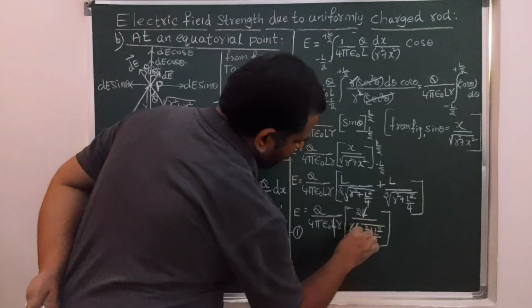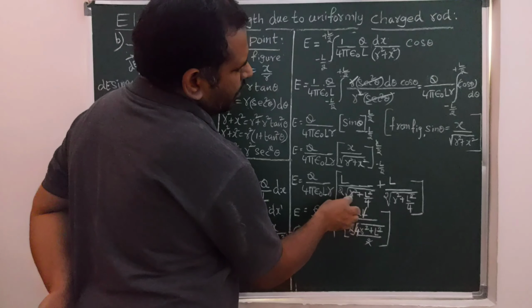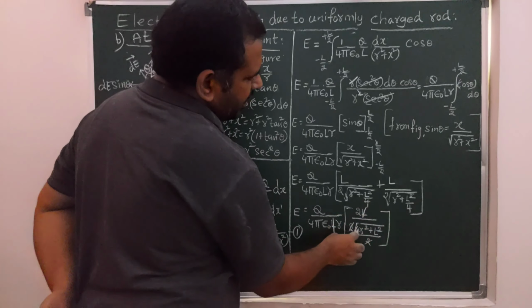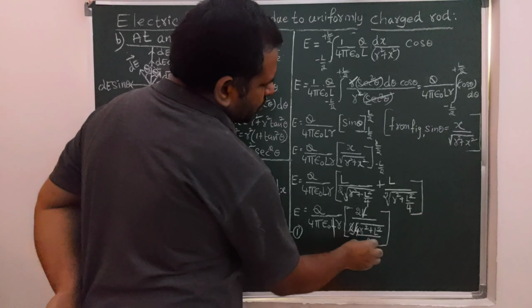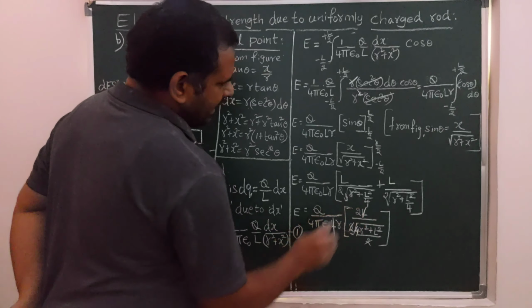This becomes 4r square, because the LCM inside the root is 4. 4r square plus L square. So this 2 gets cancelled, and L gets cancelled.